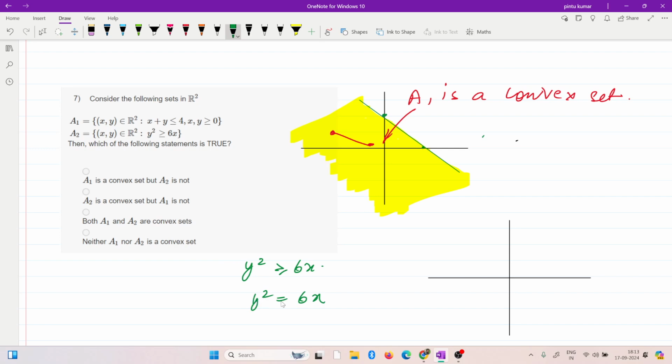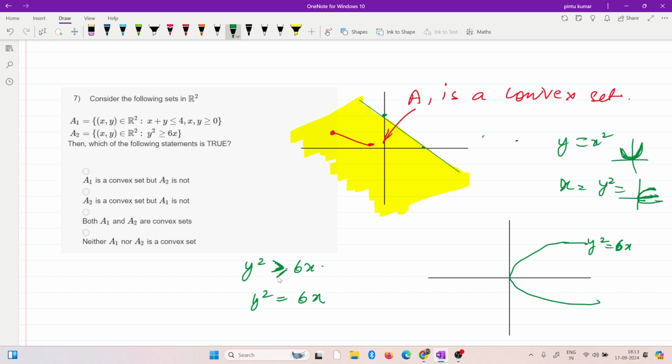If you have something like y equals x squared, you have a parabola of this shape, and if you have x equal to some y squared, then you have a parabola of this shape. So it would be a parabola centered at 0, something like this. This is the equation y squared equals 6x, and we want y squared to be greater than or equal to 6x.